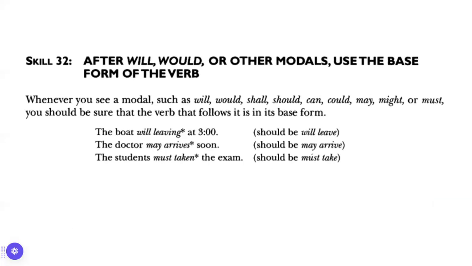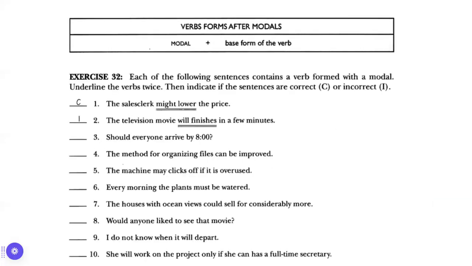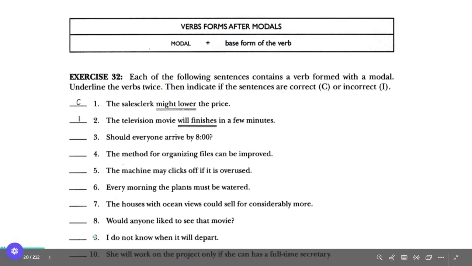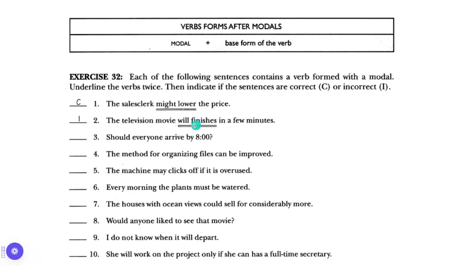Okay, piece of cake, right? So what we should remember is that anytime I have a modal verb, the verb that follows takes the base form. Let's see the first two, and then I'll let you work individually. The sales clerk might lower the price.